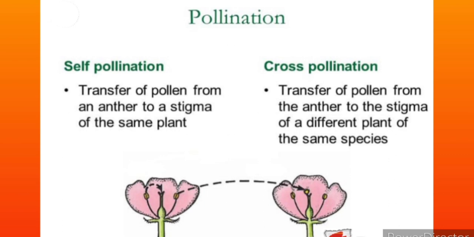After pollination, the ovary swells up and changes into a fruit, and the ovules change into seeds. So always after pollination, the fruit is prepared. This is all about this chapter.